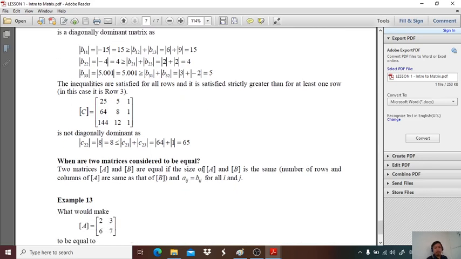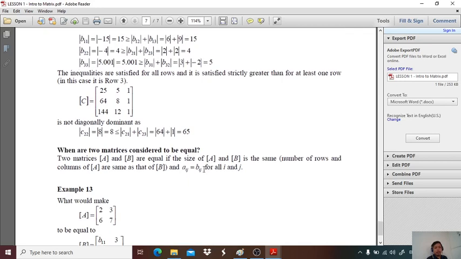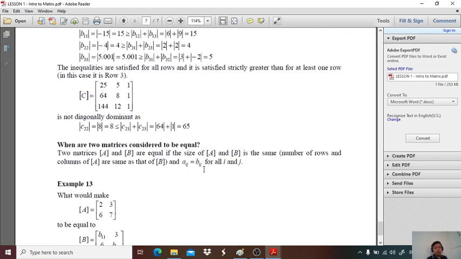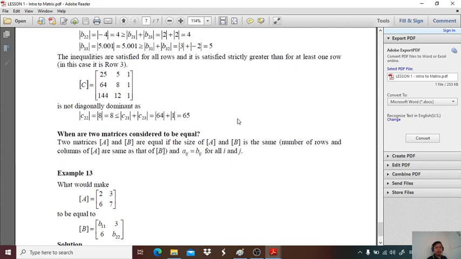So this only satisfies row number 1. But for rows number 2 and 3, it is not satisfied. So this is considered not diagonally dominant.